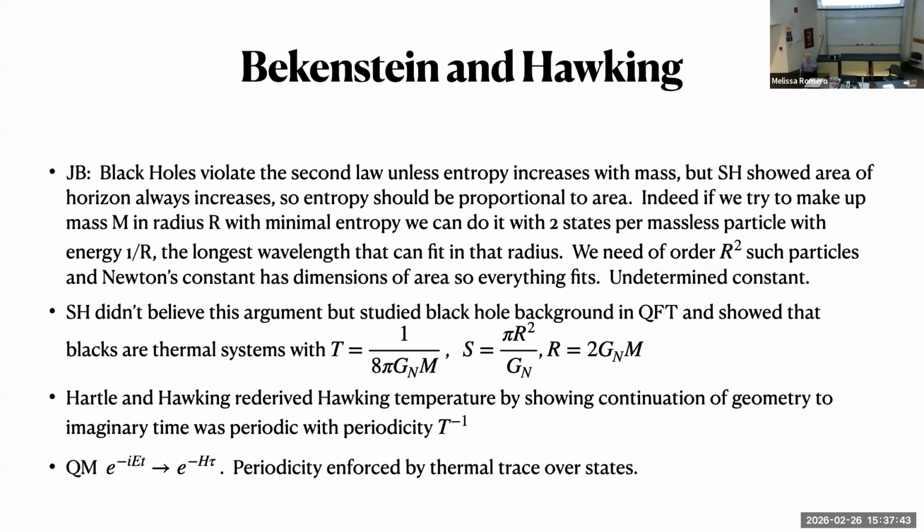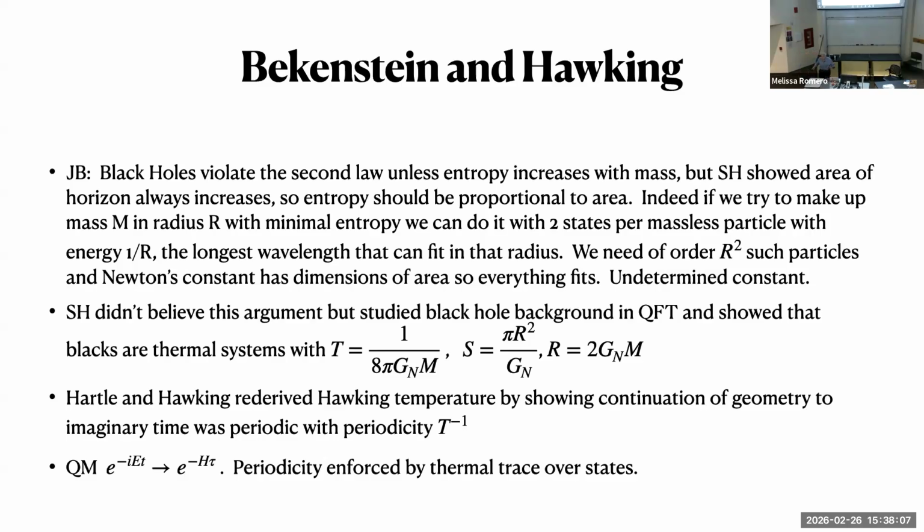He said, well, suppose I wanted to make a black hole by making it up out of quantum mechanical particles. So I want to make up the mass of the black hole. And I know the relation between the mass and the radius of the black hole. The Schwarzschild radius is just proportional to the mass times Newton's constant.